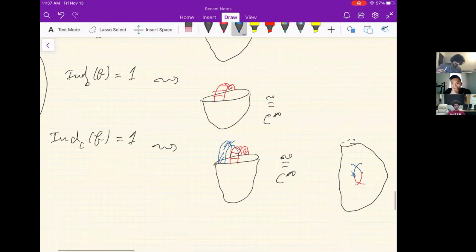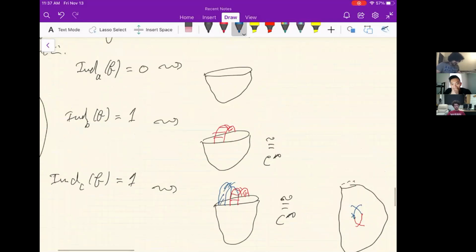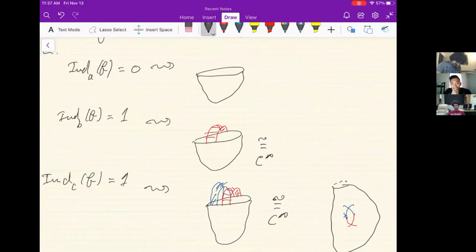Okay, so let me go a bit slower. Upon passing through point B, you add sort of a red belt, right? Who agrees on that?